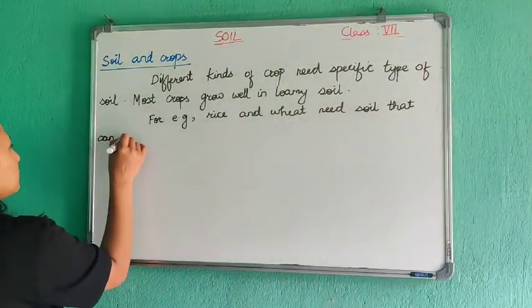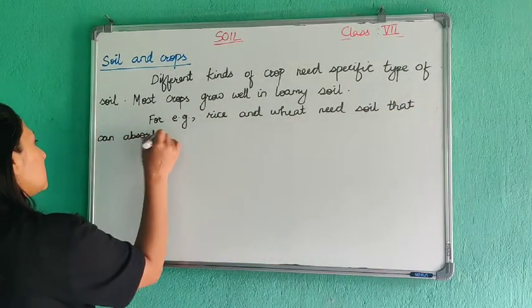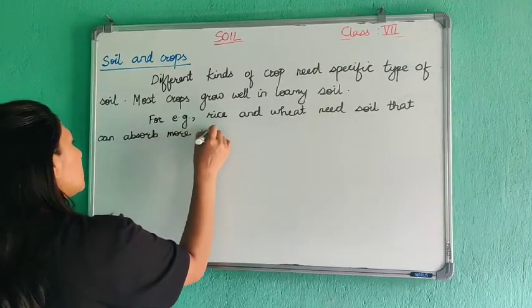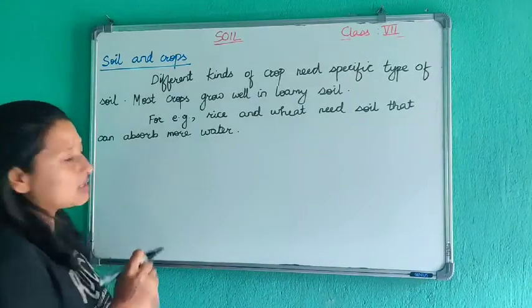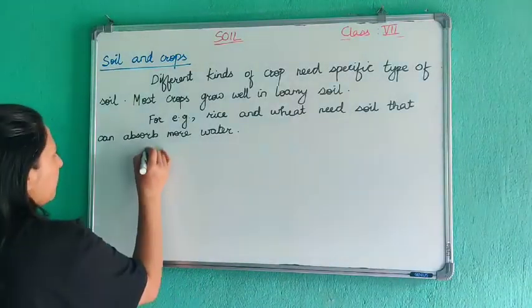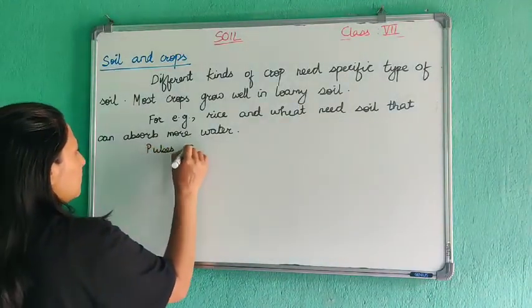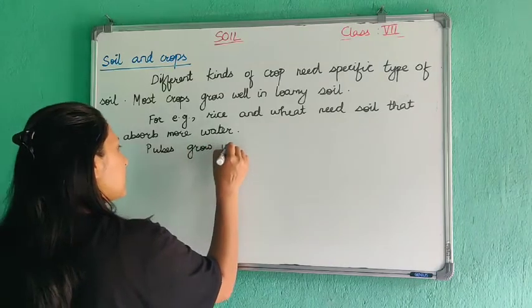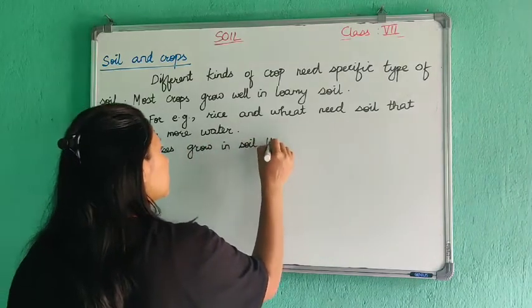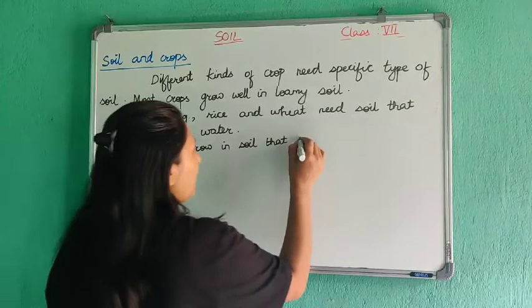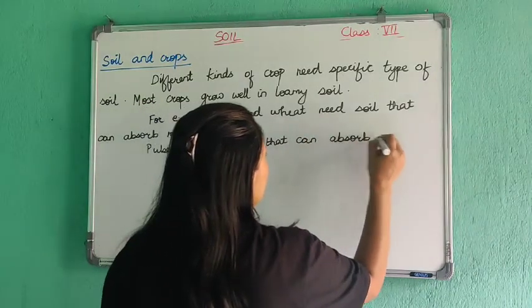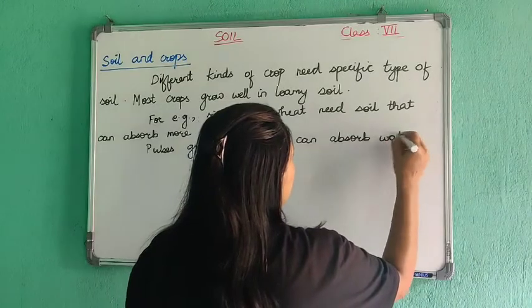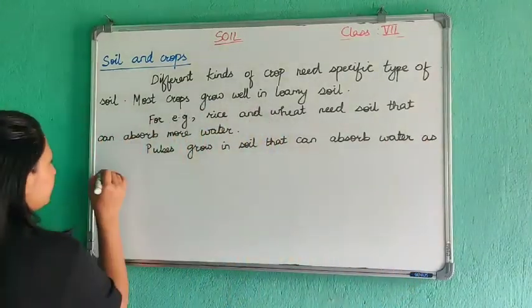Rice and wheat need such soil that can absorb water well. Then pulses grow in soil that can absorb water as well as drain it easily.